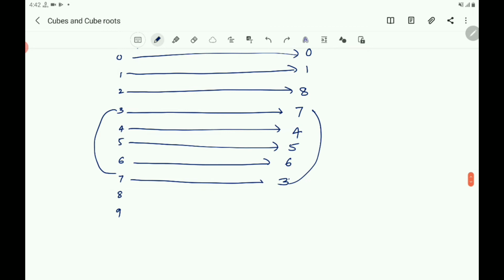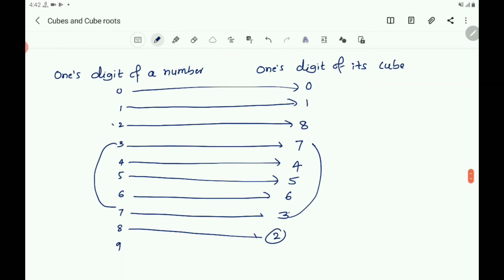Next, if a number has 8 in the unit place, then its cube has 2 in the unit place. See again, these two are exchanging. If a number has 2 in the unit place, its cube has 8. If a number has 8 in the unit place, its cube has 2 in the unit place.